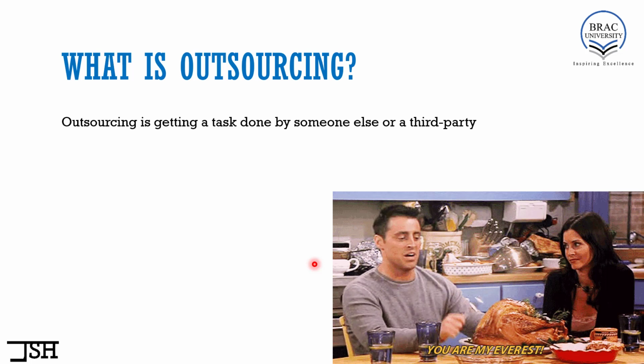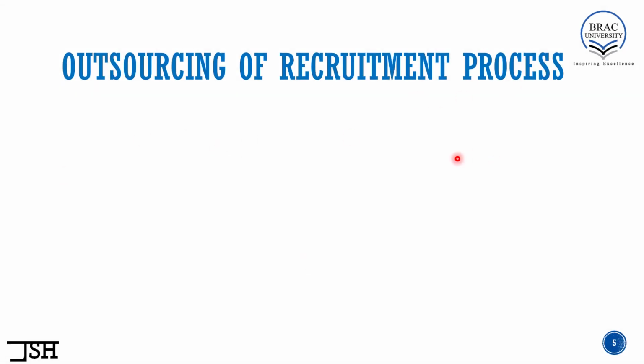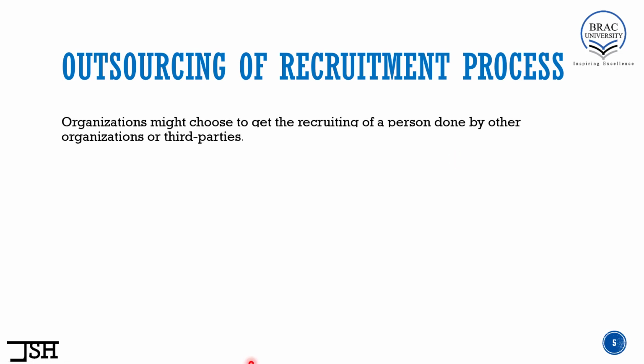Now, what is outsourcing of the recruitment process? Again, it is very simple. Here goes the formal definition. Organizations might choose to get the recruiting of a person done by other organizations or some other third party. So what is happening here? An organization needs to recruit a person.